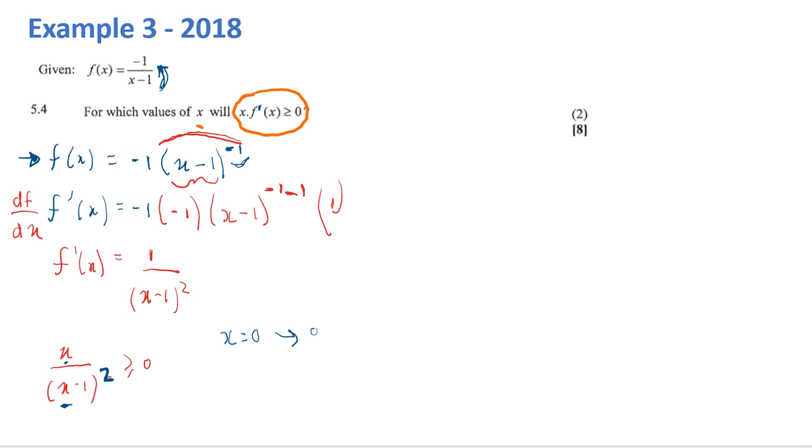Okay. So let's have a look. I'm going to write that out and not just say stuff, so that it's a little bit more clear. So let's say, for example, we choose the value of x minus 2. Then we get minus 2 over minus 2 minus 1 to the square. That's going to be minus 2 over minus 3 to the square, which is minus 2 divided by 9.